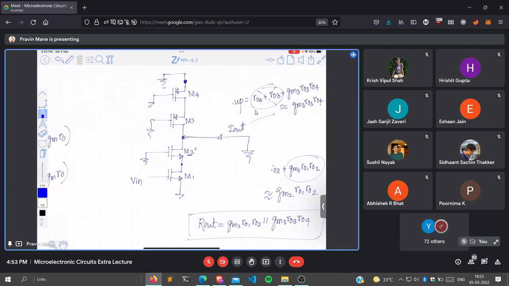So no current is going to flow through this, so I will remove it from the circuitry because they are not going to take part. Understood? Okay, now I will put RO here, RO2 here and RO1 here.